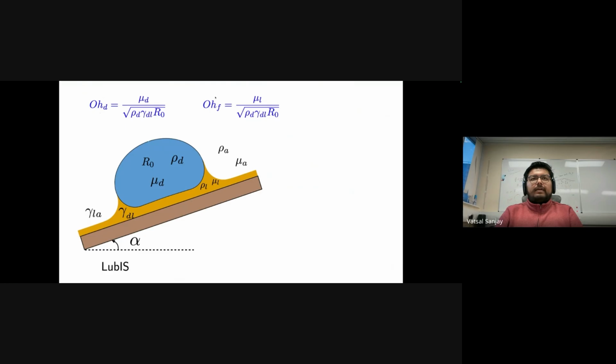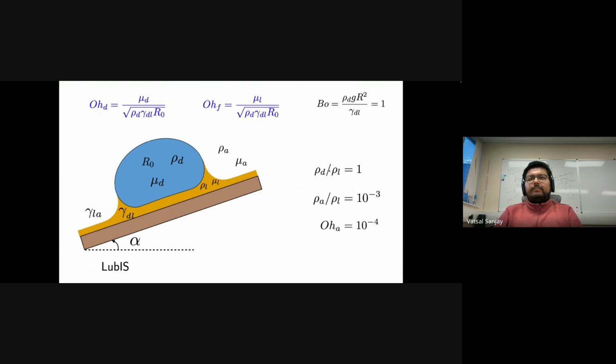And we will have a dimensionless viscosity of the film, which we can denote with OhF, so Ohnesorge number for film, F for film. For these cases, we're going to keep the Bond number same as 1 because we understand quite nicely how these things change with Bond. And so we are simply going to go ahead and fix the Bond number to 1 and look at the other control parameters.